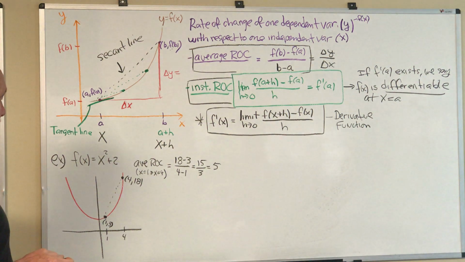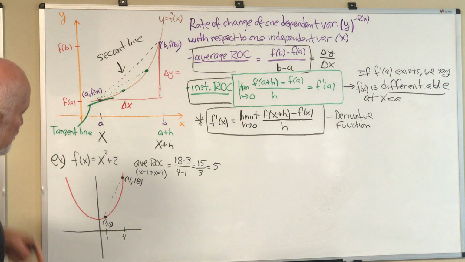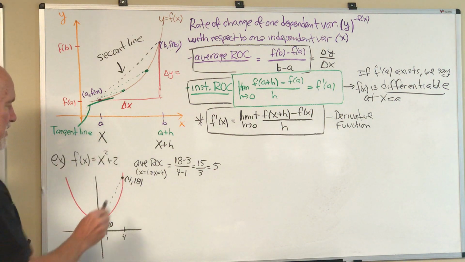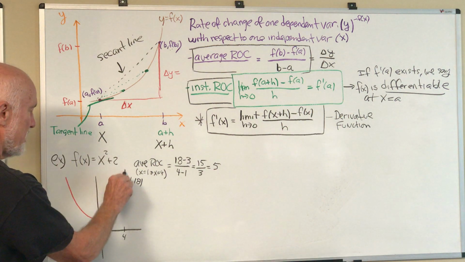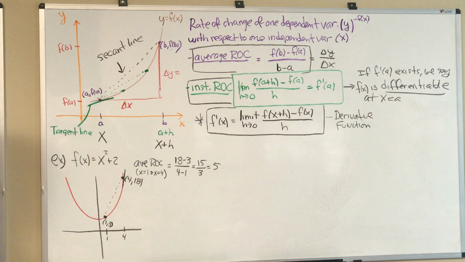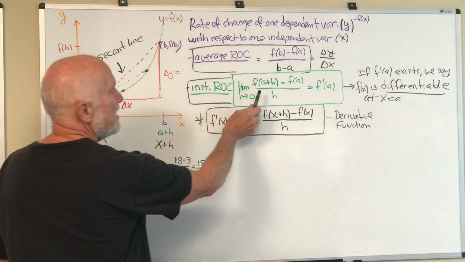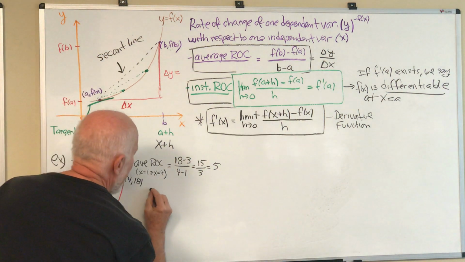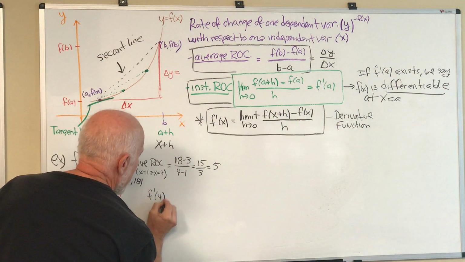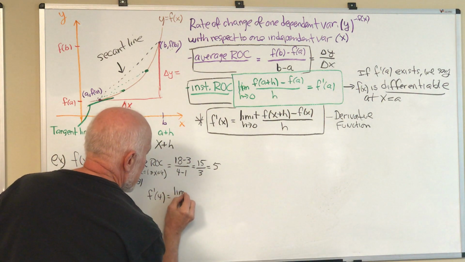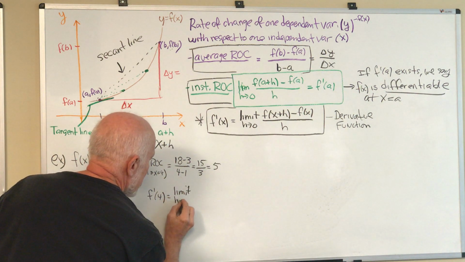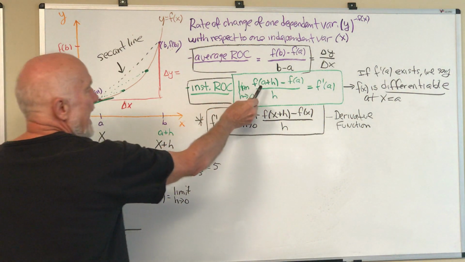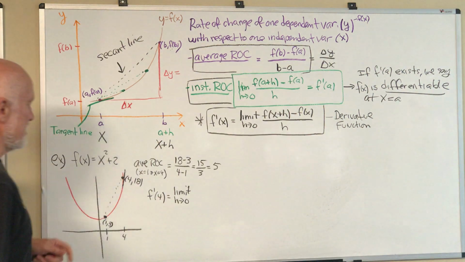Now, if I wanted to know, say, just the slope at point 4, what if I wanted to know this slope right here? I could use this formula right here. So I could say f prime of 4 is the limit as h approaches 0, and then I have to go f of 4 plus h.